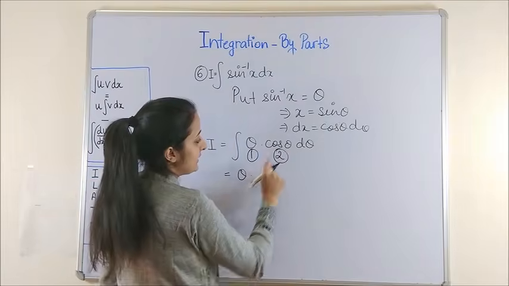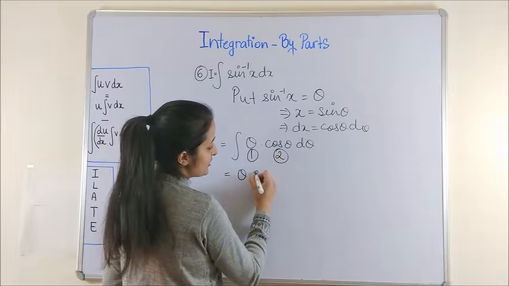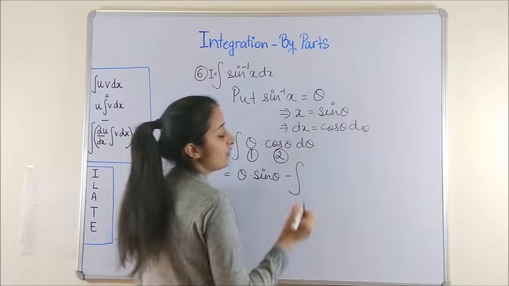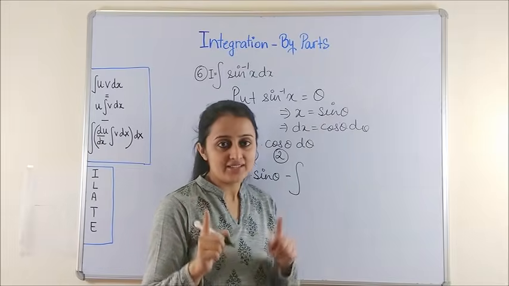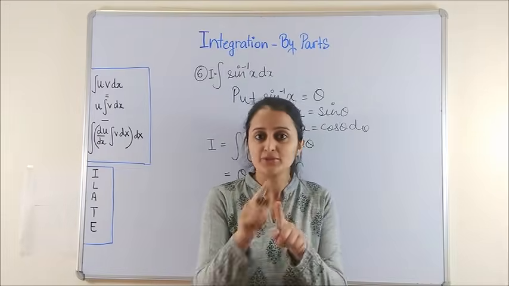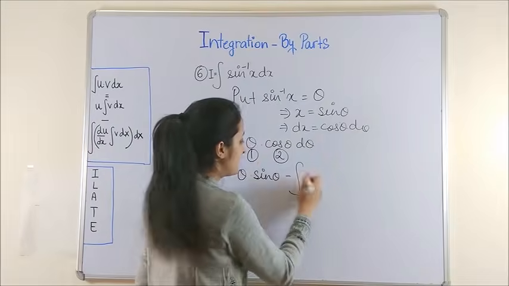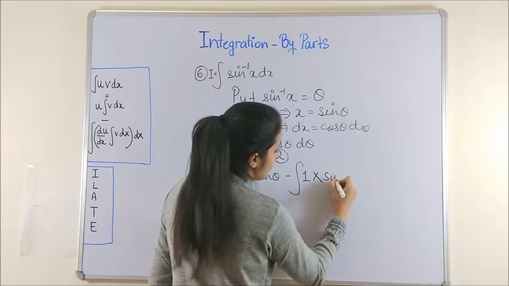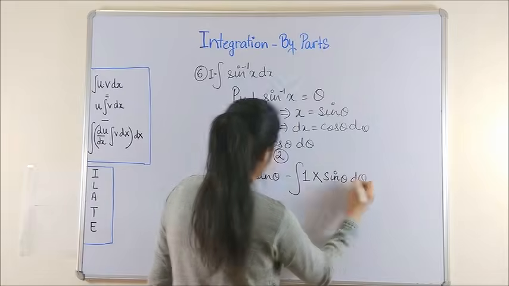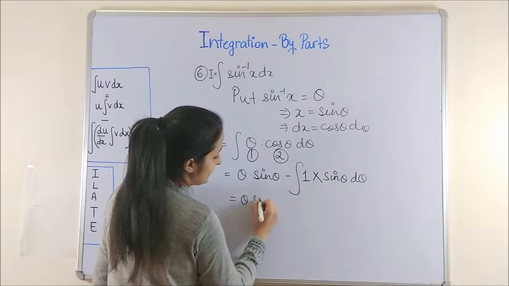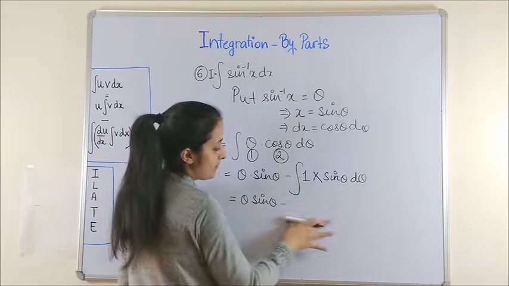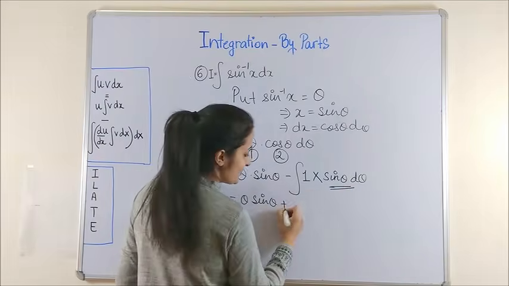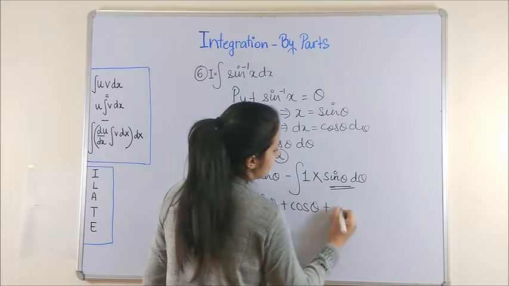We get theta into integral of cos theta, which is sine theta, minus derivative of theta. Now, please remember, this time you are differentiating with respect to theta. So, this becomes 1 into integral of cos theta is again sine theta, and we get theta into sine theta minus integral of sine theta is minus cos theta, so plus cos theta plus c.